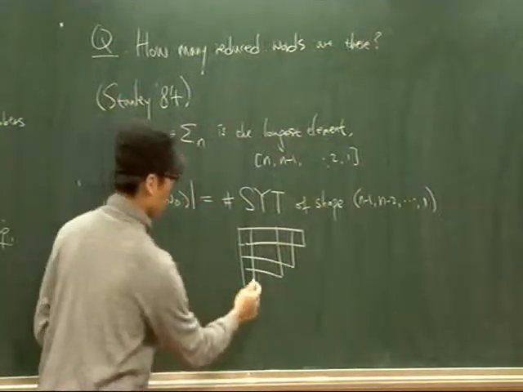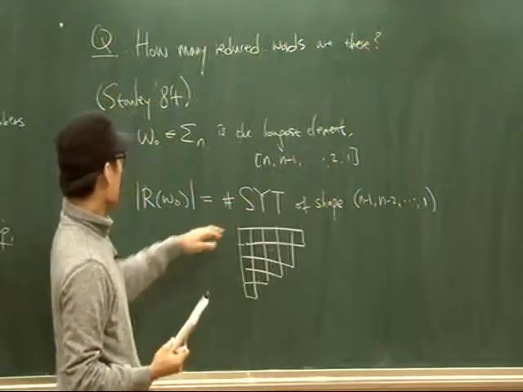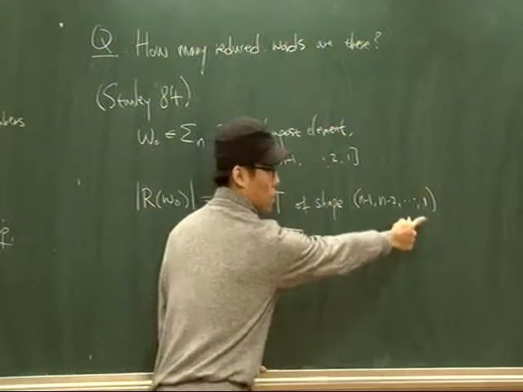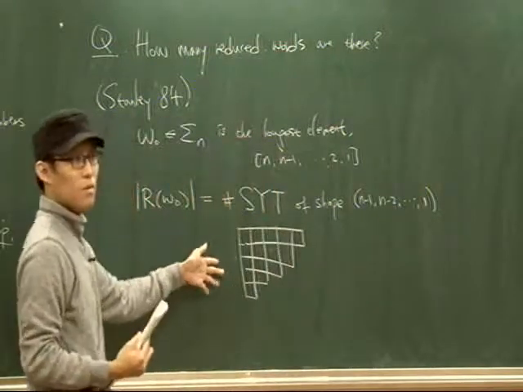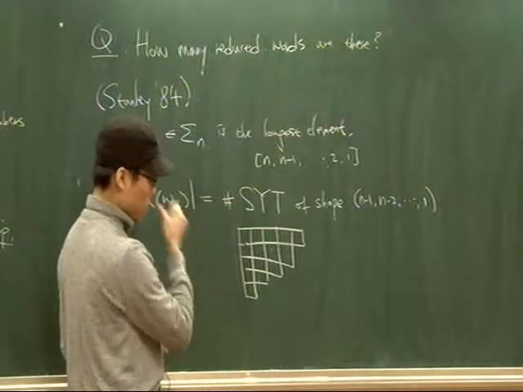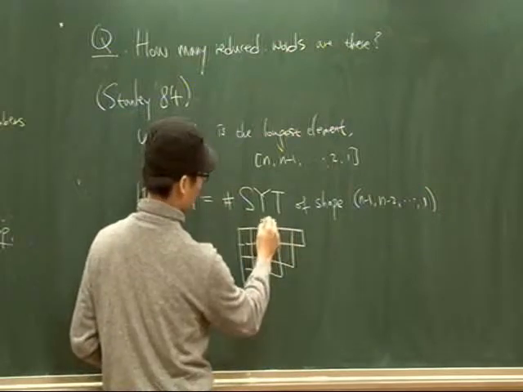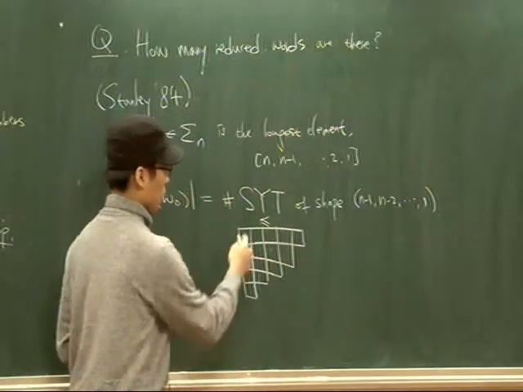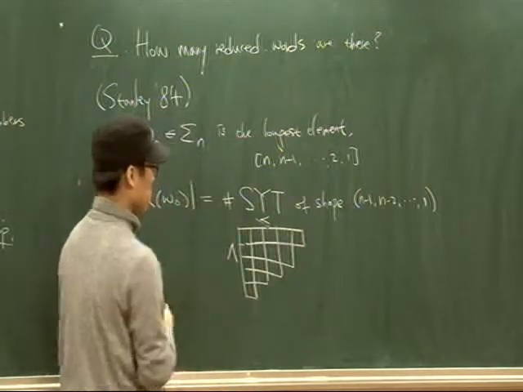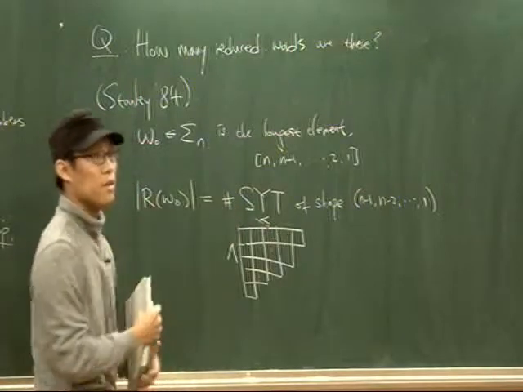The shape (n-1, n-2, ..., 1) means this tableau, this shape. A standard Young tableau is a labeling of each box of this shape so that numbers increase in this direction, and increase as it goes in this direction.